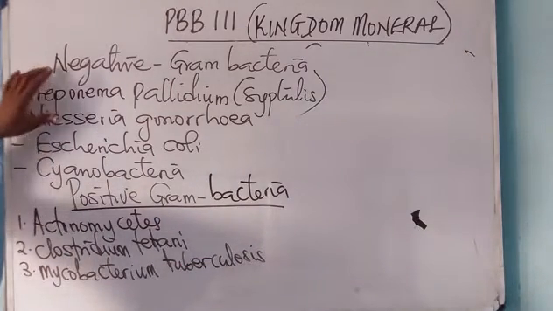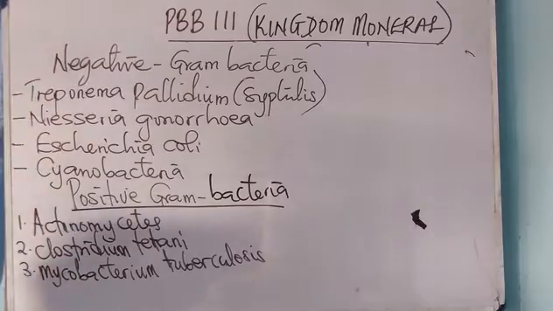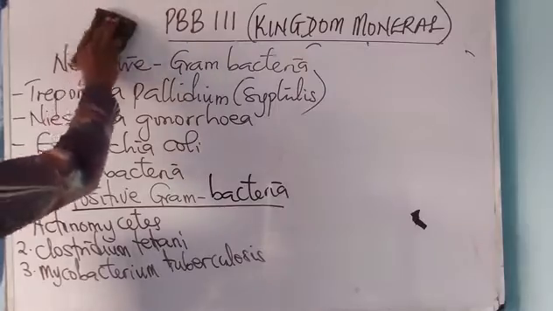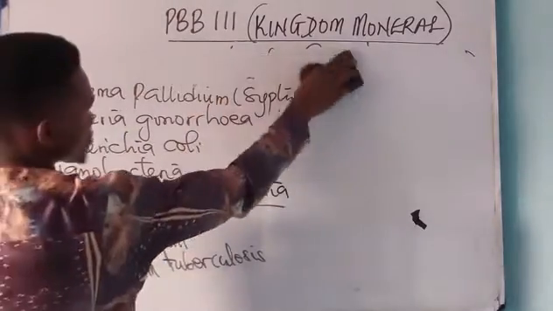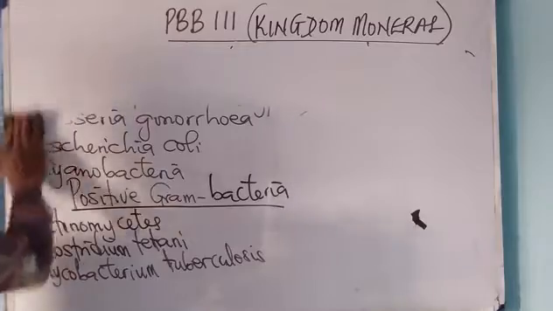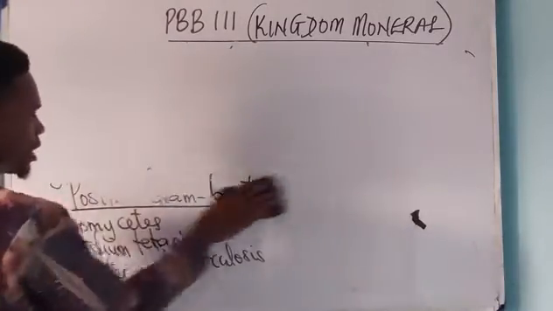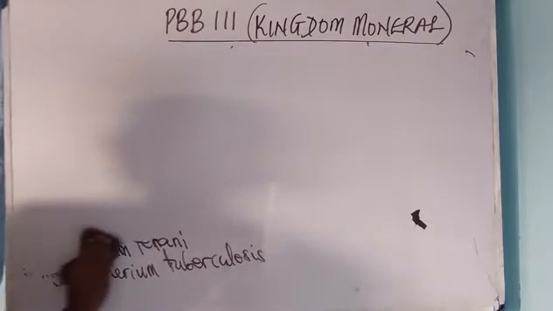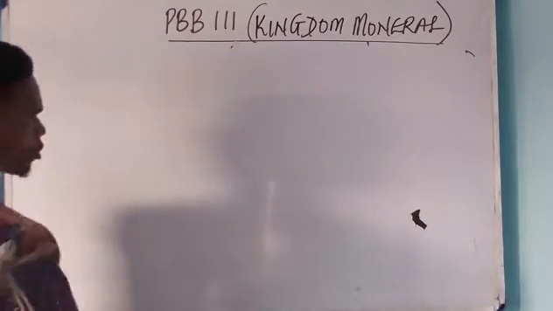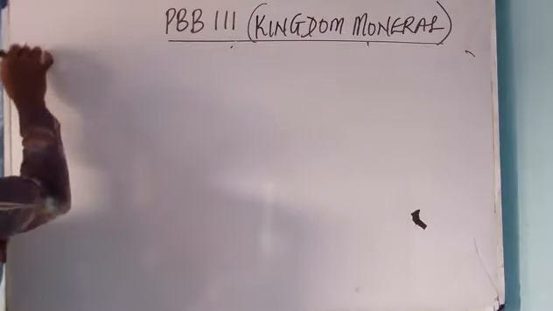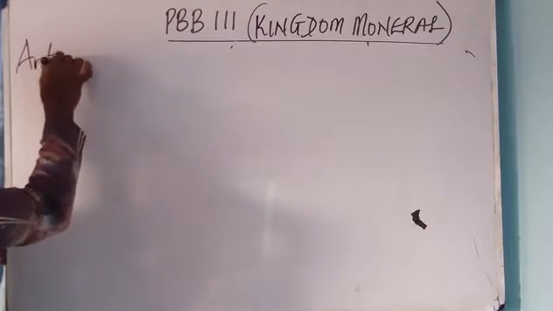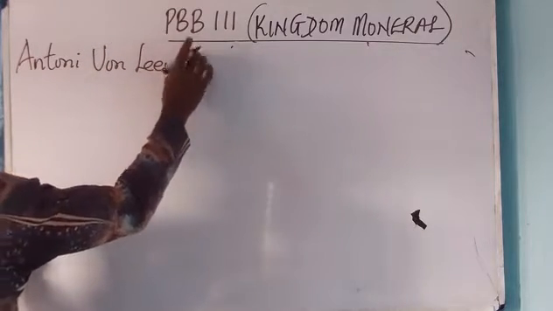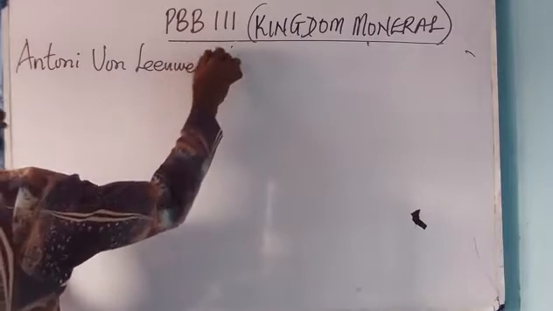Now I've given you examples of gram negative and gram positive bacteria. Now our question will be, who was the first scientist to discover this bacteria that we'll be discussing? The first scientist that discovered the bacteria is called Anthony von Leeuwenhoek.